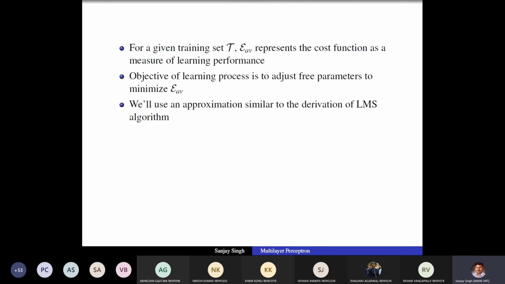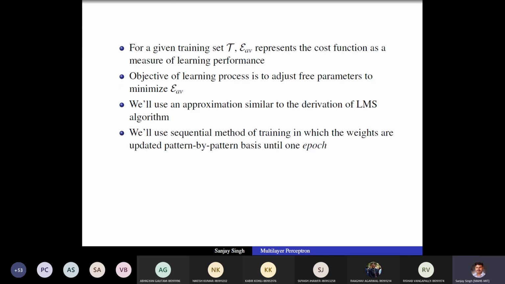For this, we'll use an approximation similar to the derivation of the LMS algorithm which we have seen, right? So we'll use the sequential method, or what we call the online method of training, in which the weights are updated on a pattern-by-pattern basis until one epoch. Suppose your training data set is composed of 1,000 examples.